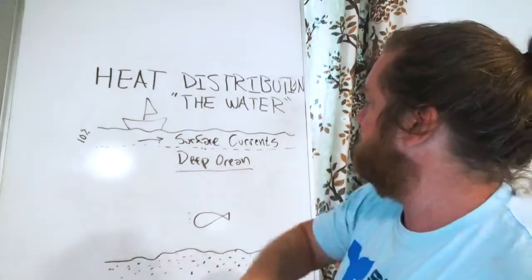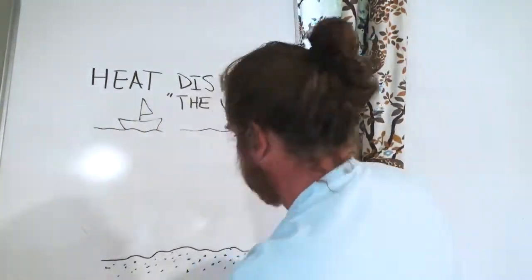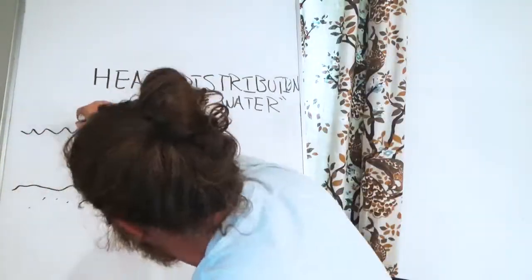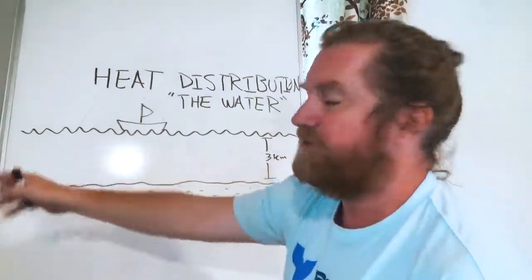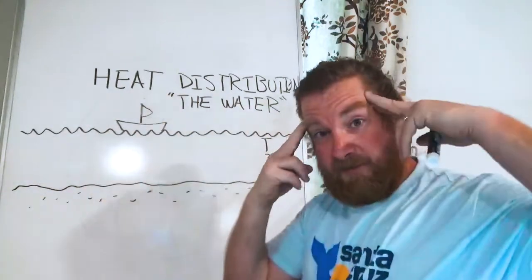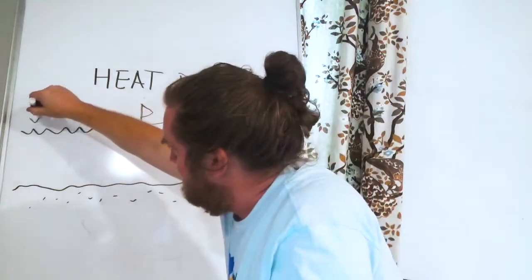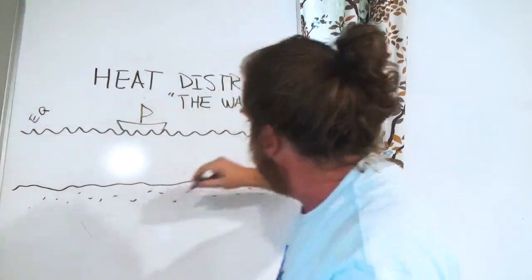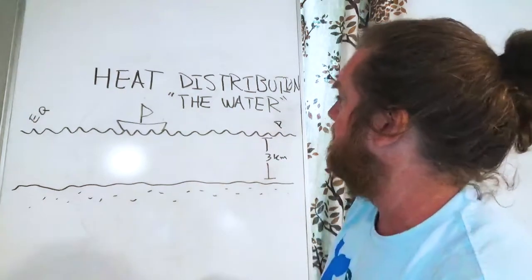Well, I'm going to erase some of this stuff and we'll just talk about deep ocean currents. Here I've drawn a hypothetical ocean. It's definitely not to scale. For our imagination, let's pretend that this is the equator and this is the polar areas, so the poles, whether it's north or south.